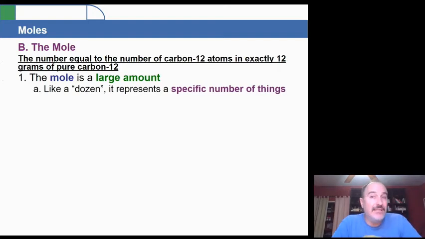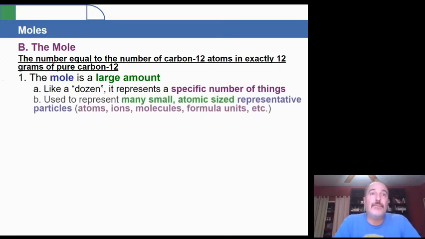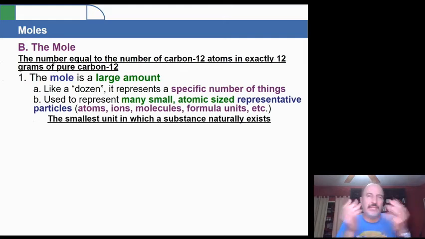Like the term dozen, it represents a specific number of things. Now, it is used to represent many small atomic-sized representative particles. The term representative particles is like the smallest unit in which a substance naturally exists. So helium is found in atoms. However, hydrogen, since it's diatomic, has molecules as its smallest unit.